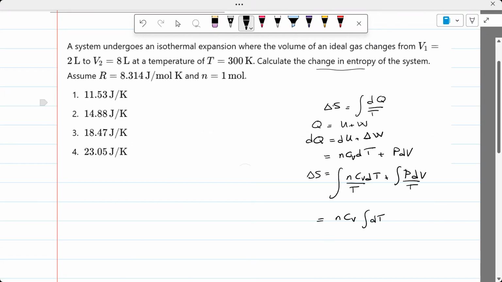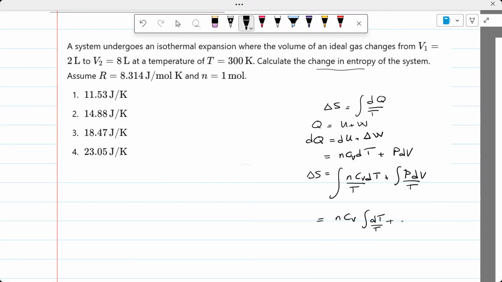Because delta S is dq over T, so I divided by T, and I'll remain with a T in the denominator here. In my second integral, things are not as straightforward as the first term, namely because P can be changing and T can be changing, and the integral is over dV, which is even more annoying.